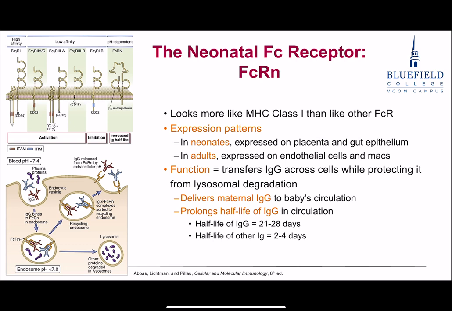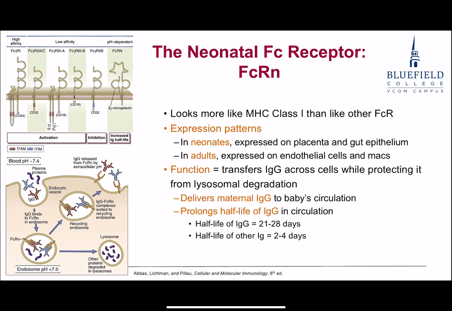Okay? Then it's predominantly on your endothelial cells and macrophages. What is the job in anybody above the age of 1.5 or 2 of that FcRn receptor? It's now to function by carrying that IgG predominantly across cells to protect it from lysosomal degradation.